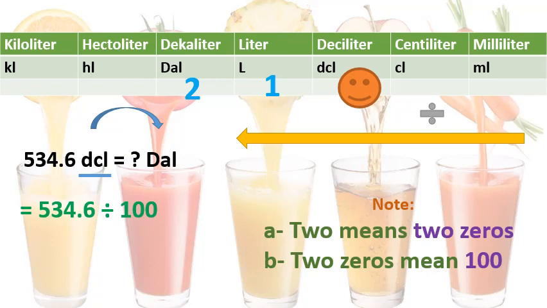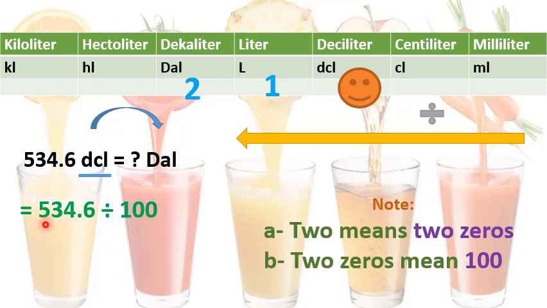So 534.6, we're going to divide it by 100. Why are we dividing? Because we are moving to the back in this table. Okay, 100 because we reached the number 2. Now, when we are dividing by 100, what are we going to do with the decimal point?